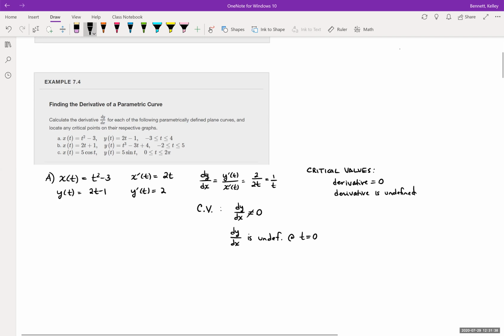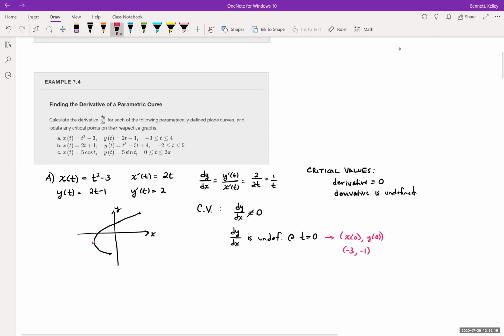If I were to graph this, remember this thing looks like a sideways partial parabola. When t is 0, x will be -3 and y will be -1.